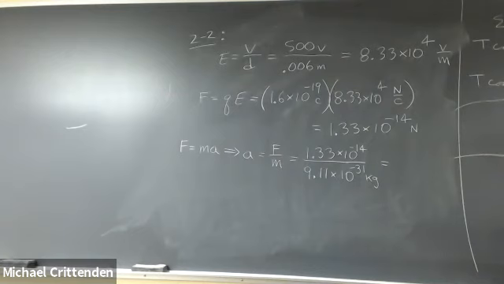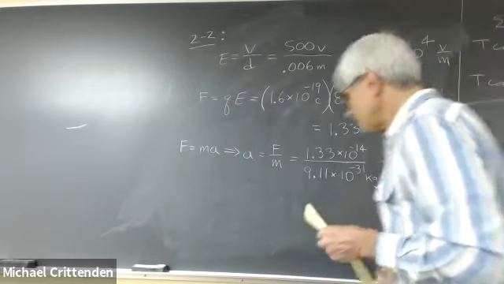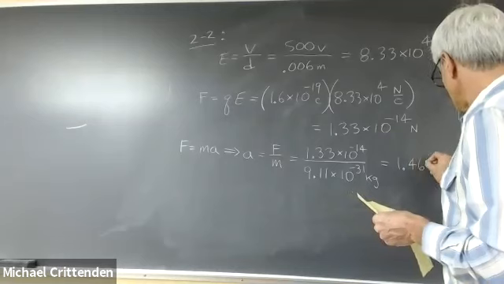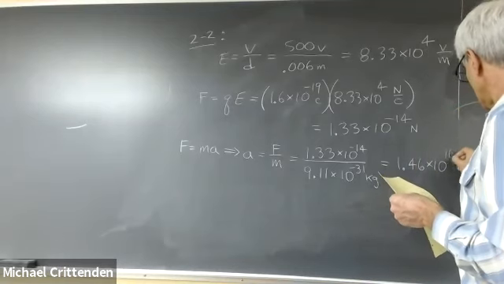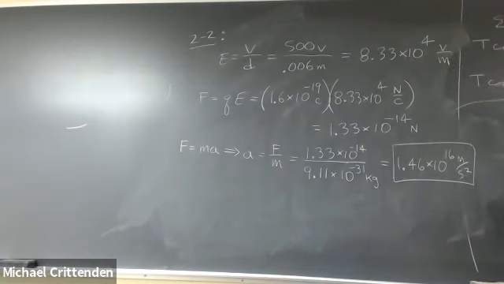You can look that up in your reference handout in the same table where the Coulomb's law constant and the charge of the electron and some other things like that are listed there. 1.46 times 10 to the 16th meters per second squared, which is a lot of acceleration.